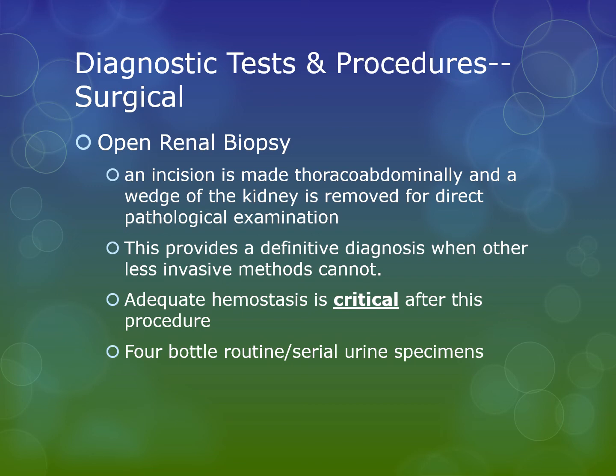Tea color suggests old blood rather than fresh blood. So that's what we're looking at with this 4-bottle routine. You always keep 1 cup empty so you know where you've left off, and you just keep rotating the cups until you get it down to where it's pretty well clear urine, and then you can stop doing the serial urine specimens.